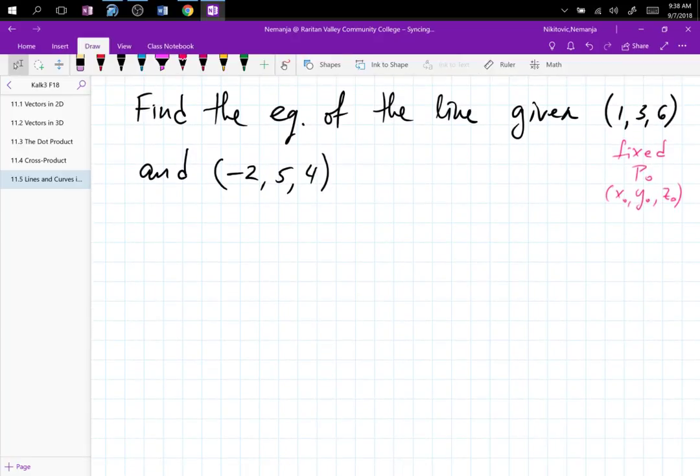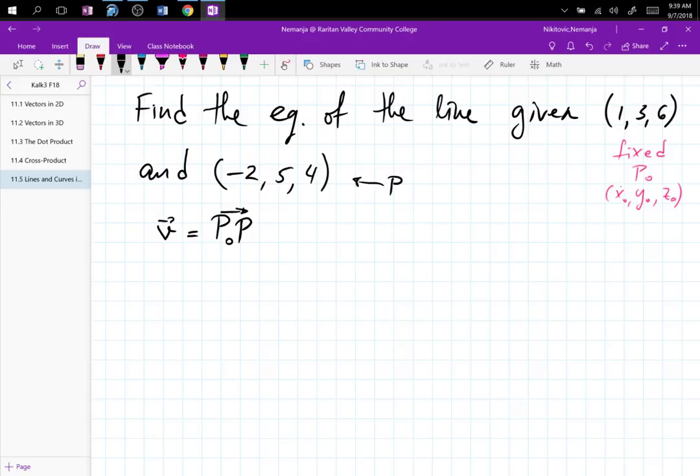So now, what do I do? Well, I need vector v, and vector v is P0P.